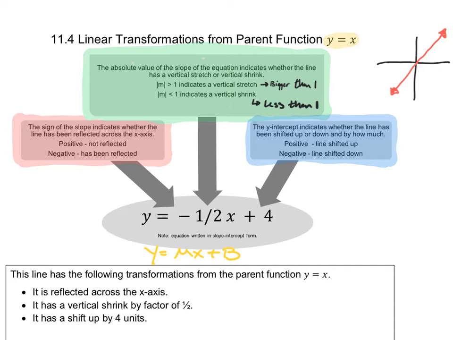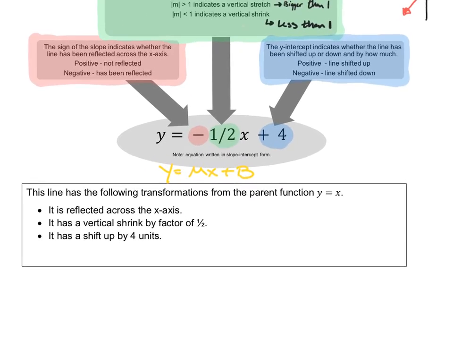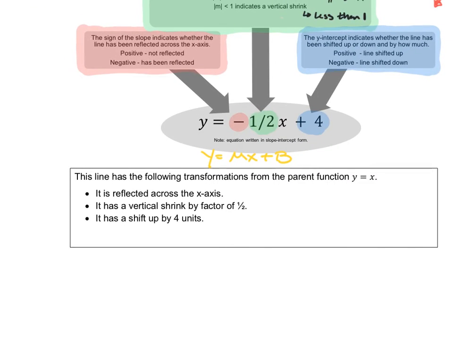I'm just going to show you again. I'm going to highlight each part and what it tells you, so you see how each of these goes with its assigned thing. The y and the x don't tell you anything. It's all the other parts.